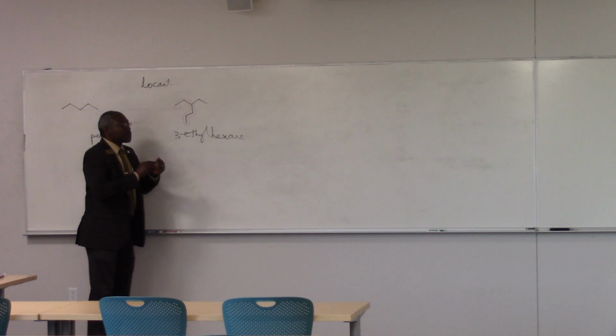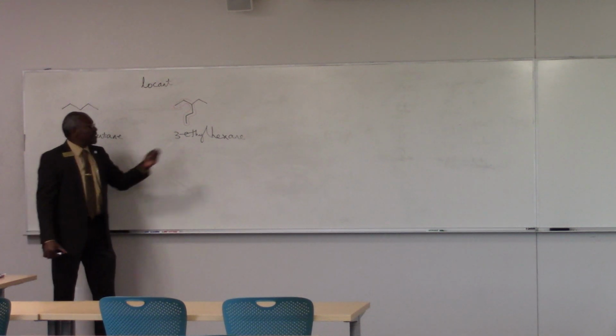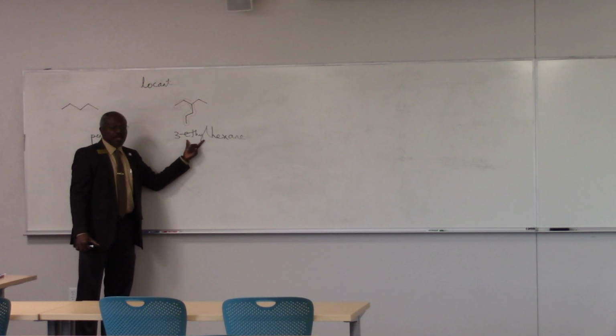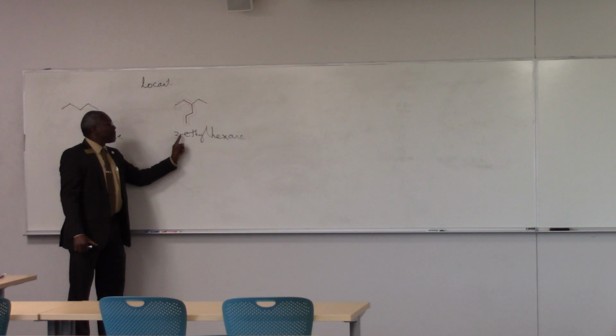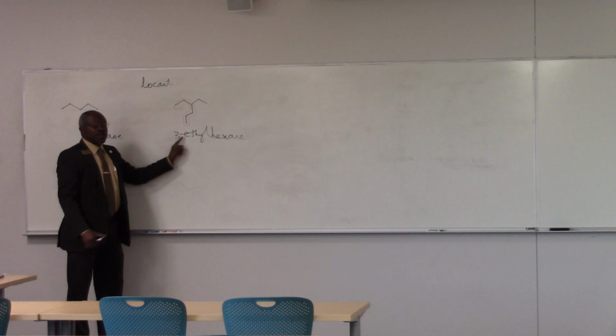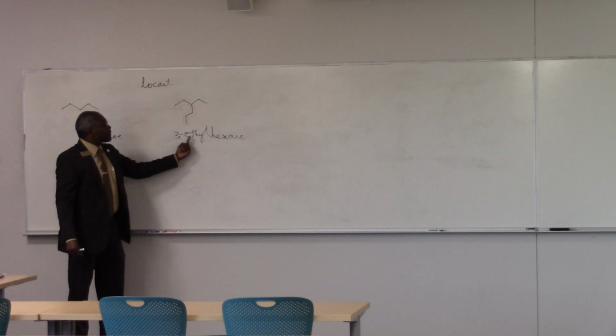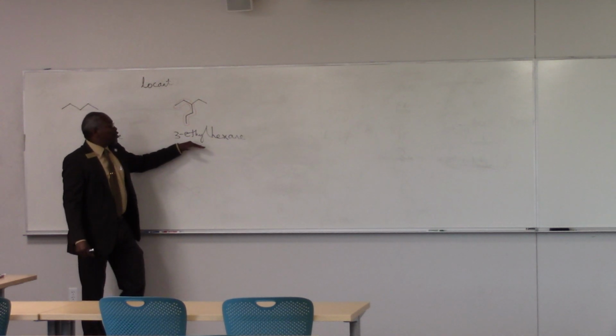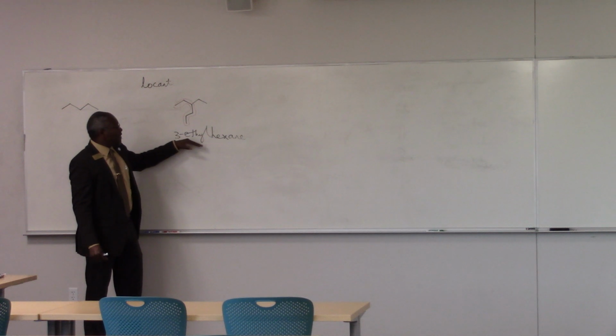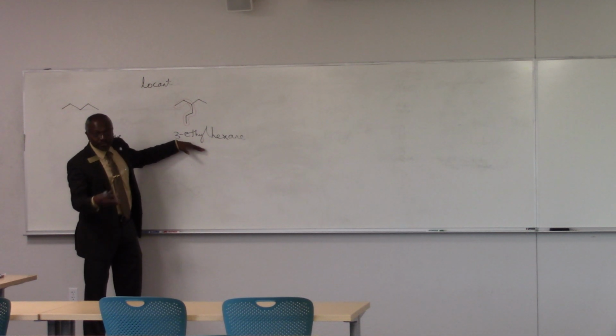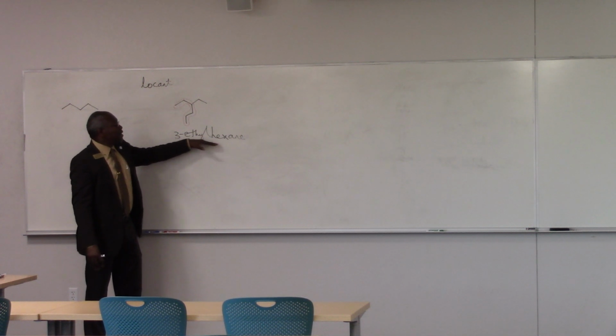Now notice, we separate the substituent from its locant by a hyphen. So this is 3 hyphen ethylhexane. We join the name of the last substituent, you see there are cases where there are more, to the base name.